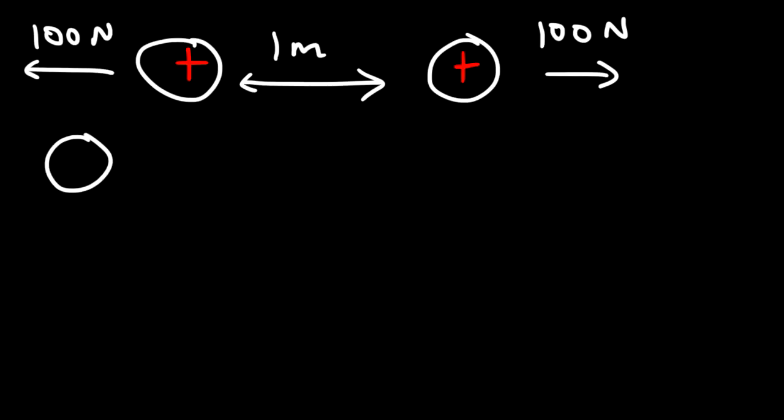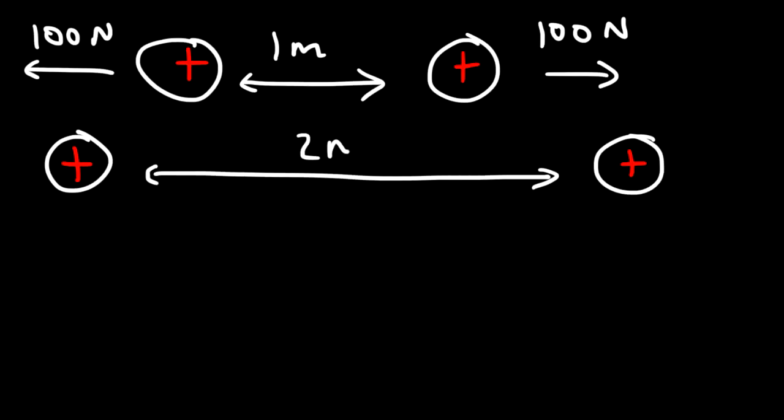What's going to happen if we double the distance between the two charges while the magnitude of the charge is still the same? So now the separation distance is 2 meters. Will the electrostatic force acting on the charges increase or decrease? Well, because the charges are further away from each other, we expect that the force that's acting on them will be weaker. And so anytime you increase the separation distance, the electrostatic force acting on these charges will decrease.